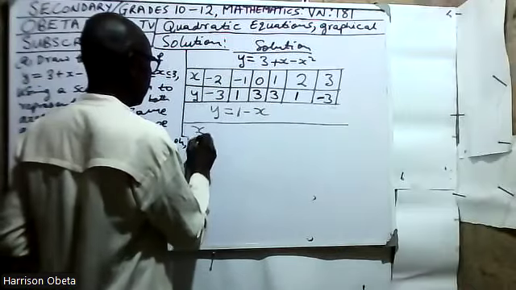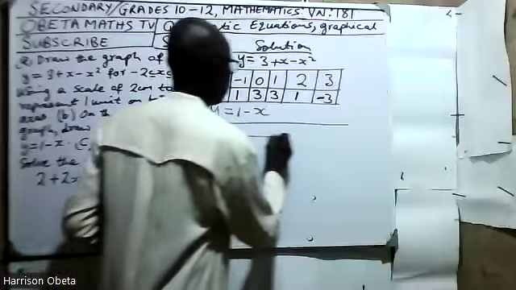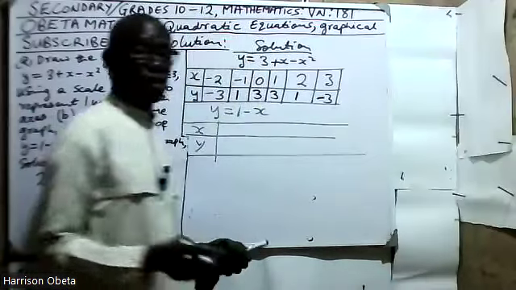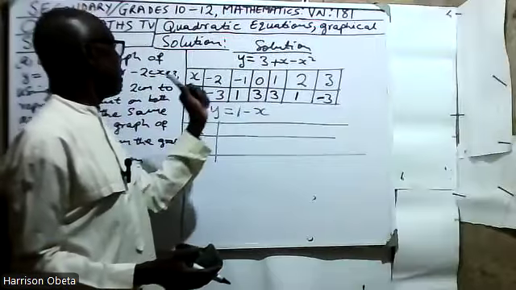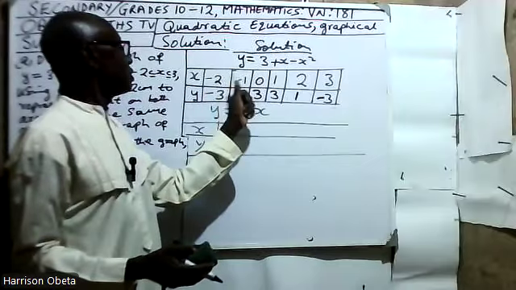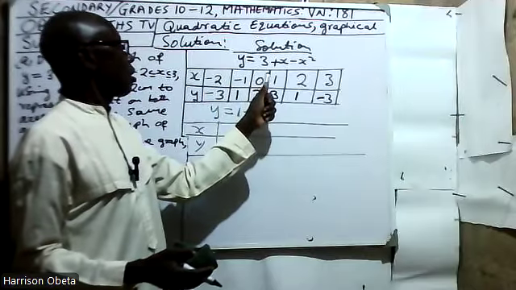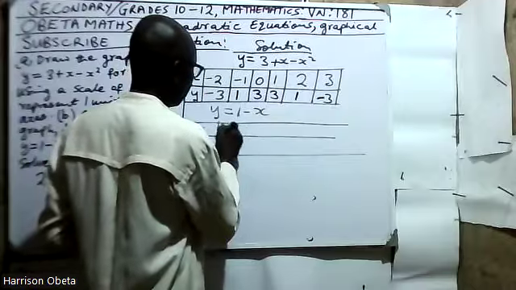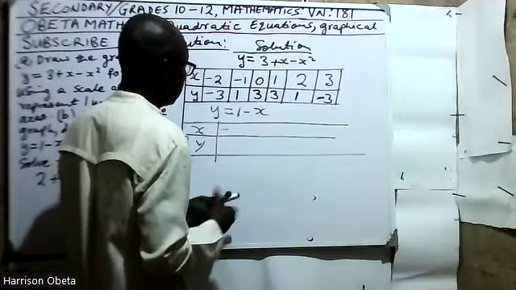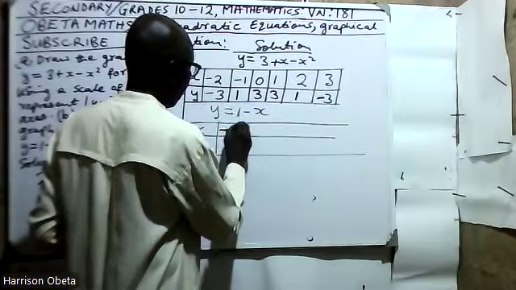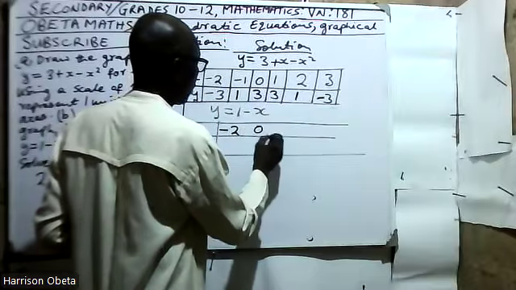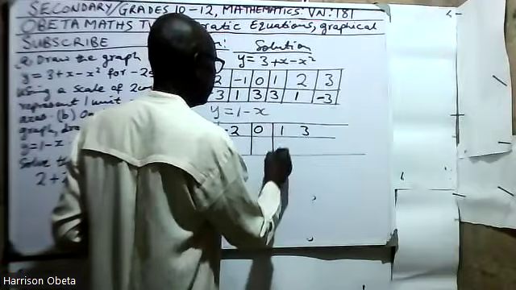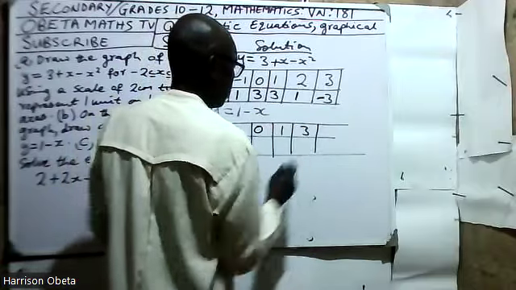So we have x, y. So let's just pick maybe minus 2, 0, 1, 3. Minus 2, that's the beginning. So let's have it.